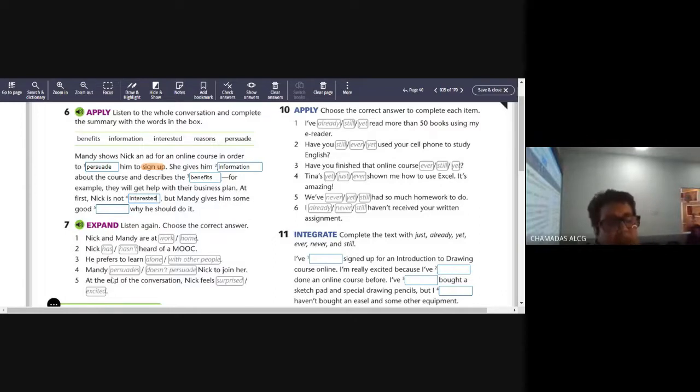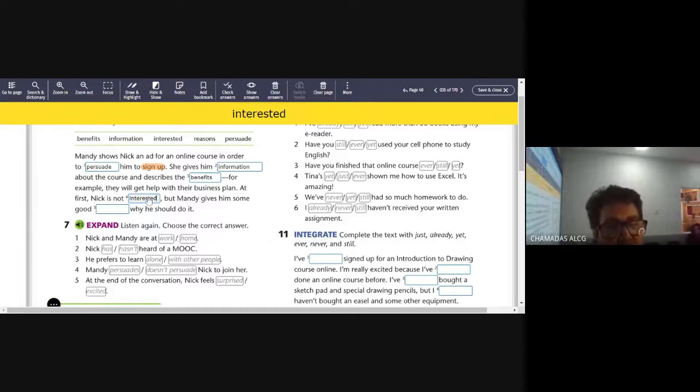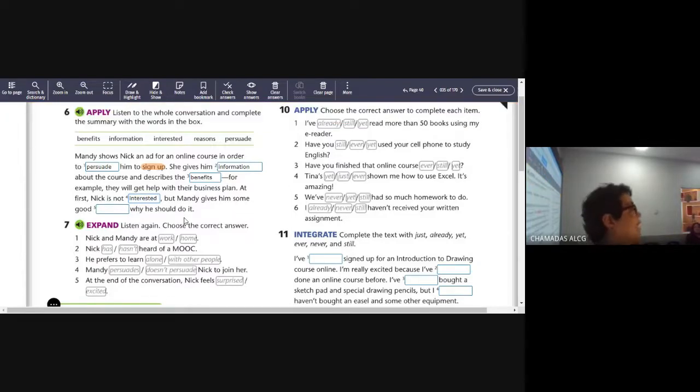So let's see the pronunciation of this word because it's quite confusing sometimes. Let's try to say that, interested. Because we have two different things: interesting and interested. Here it's how the person feels, so we say interested.